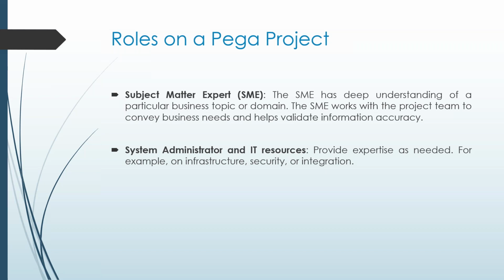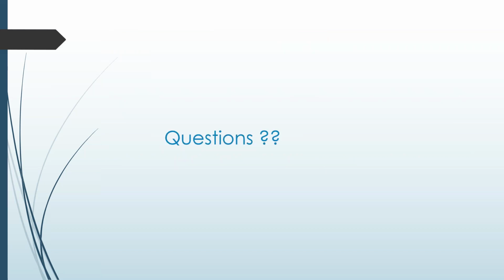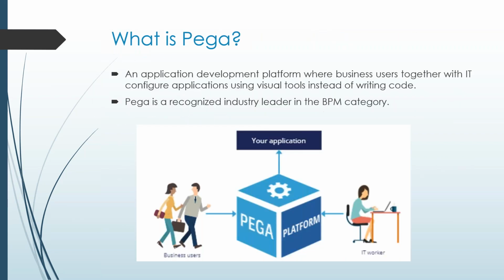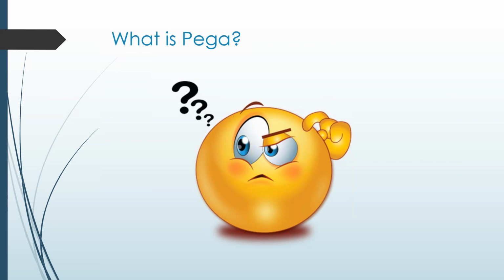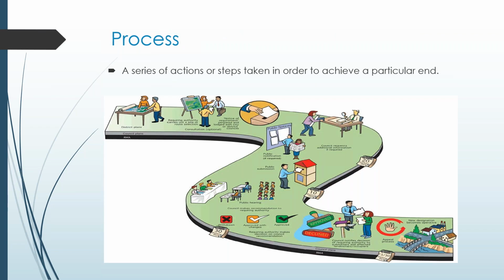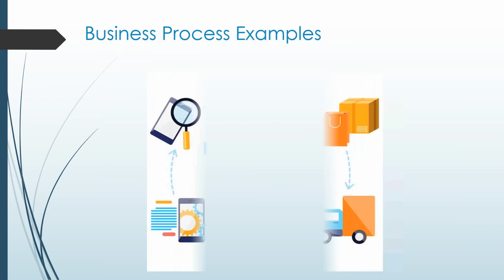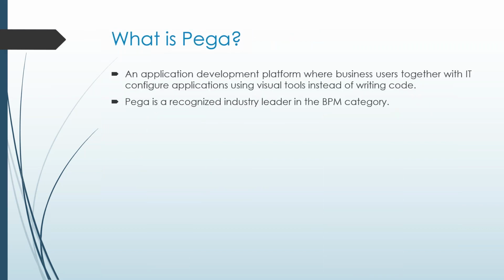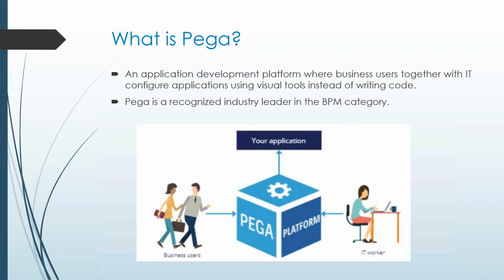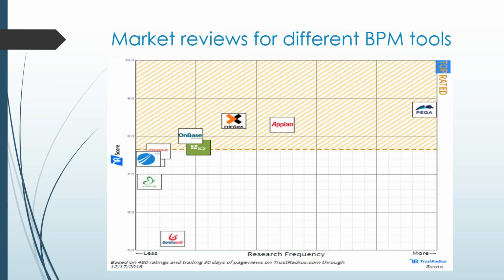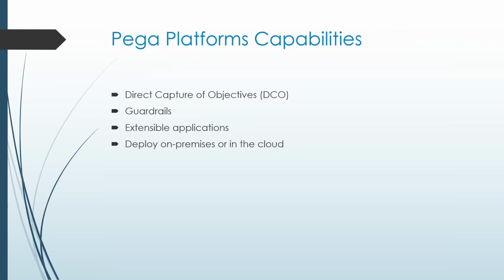I think we have pretty much discussed a lot today. Starting with what a process is, we moved into business process, then we looked into BPM. Then we looked into the Pega platform and the key differentiating factors of Pega's development, then the various other market reviews.